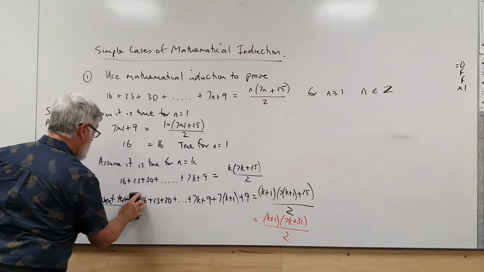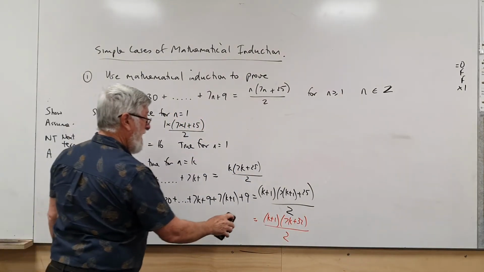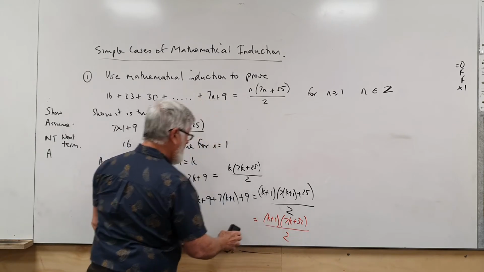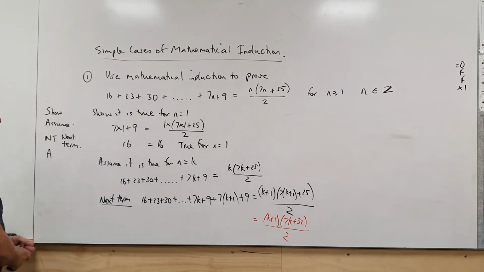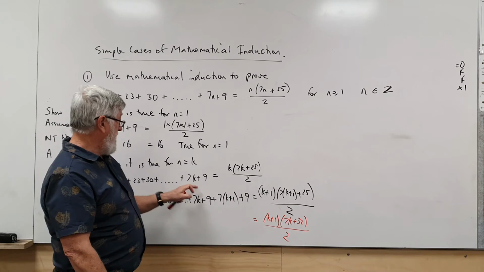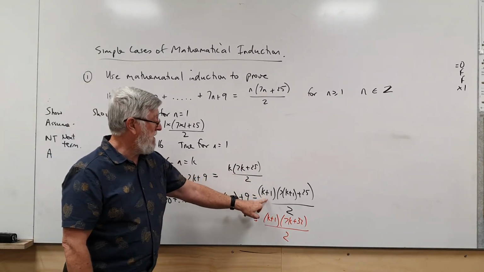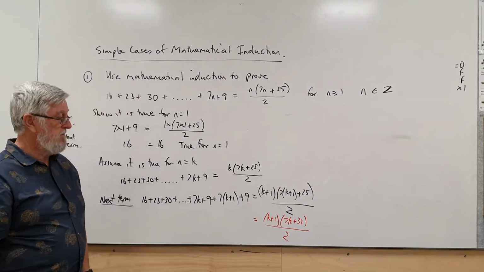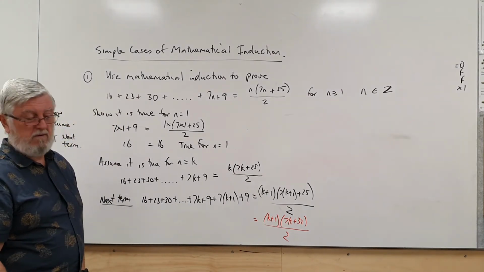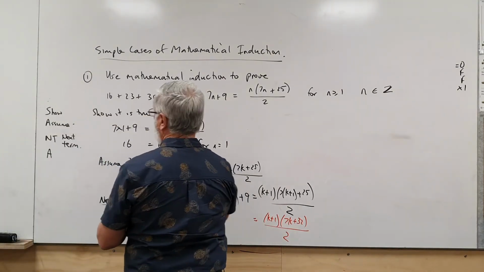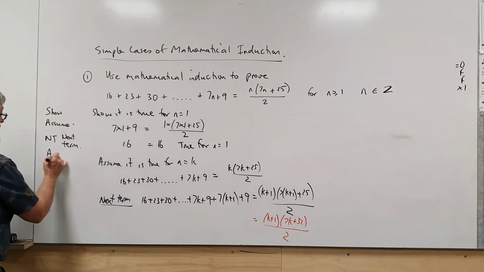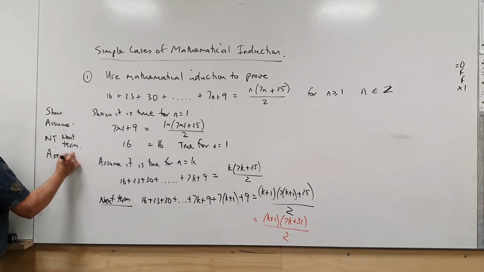So let's get away from this for a second. And what have I done instead? This approach. I've just made the next term, there's the next term, and I've replaced the k by the k plus 1. And what are we going to do? Next thing is, this is what I prefer this approach for, is that one.